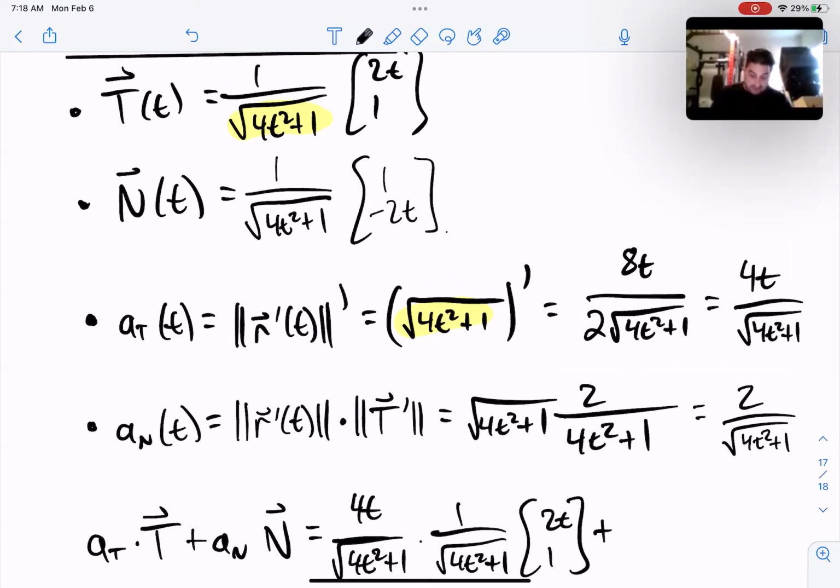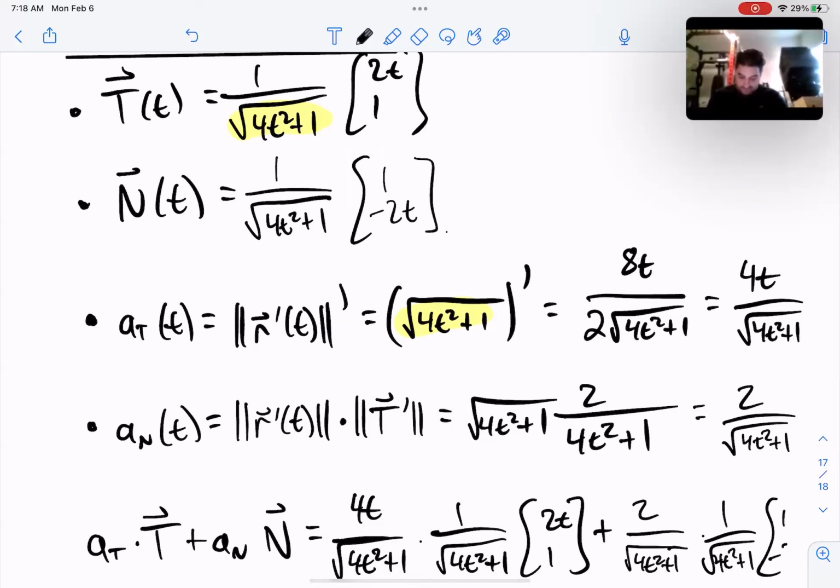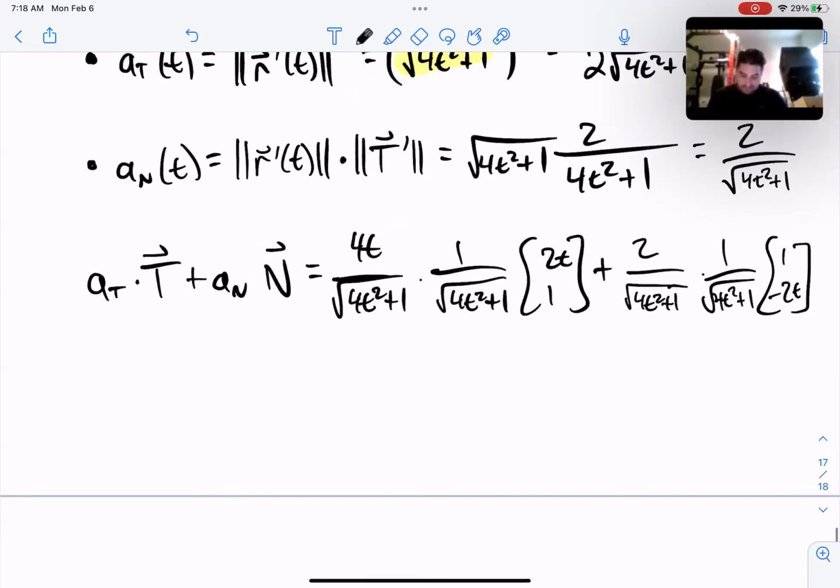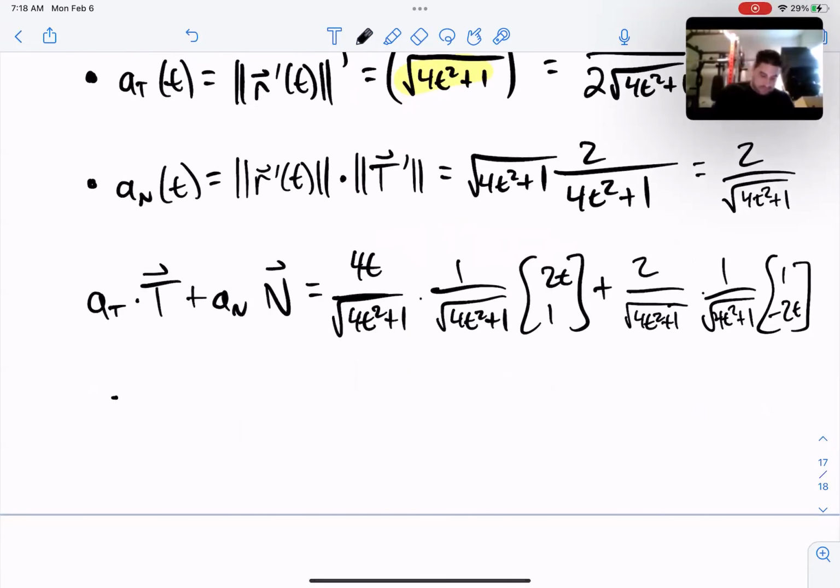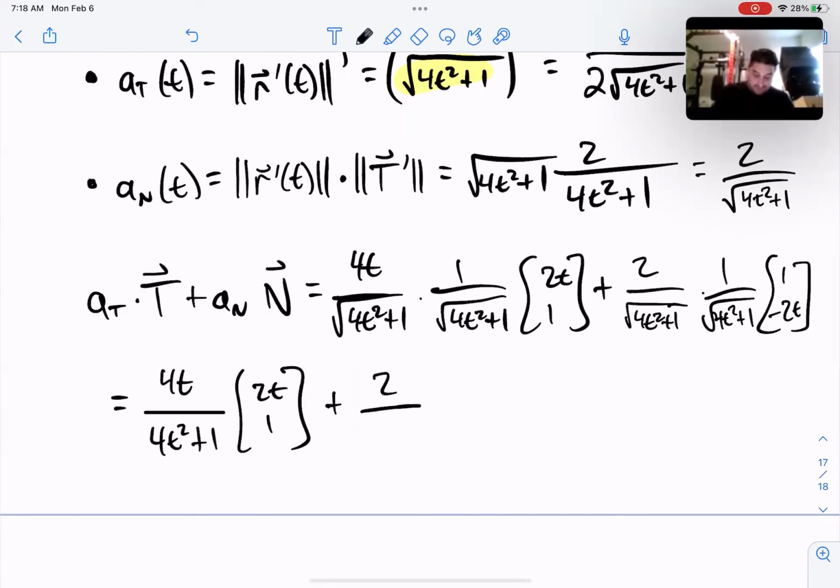Then I have A sub N, the normal component, times N, the normal vector. Now simplify the product of the square roots.